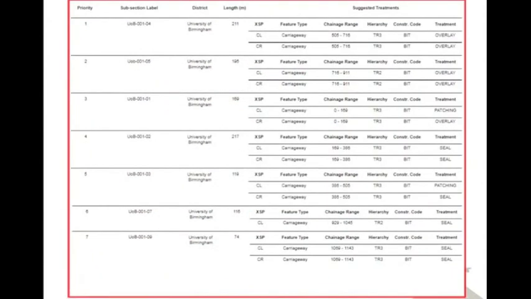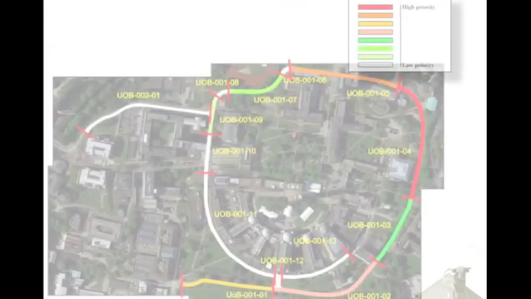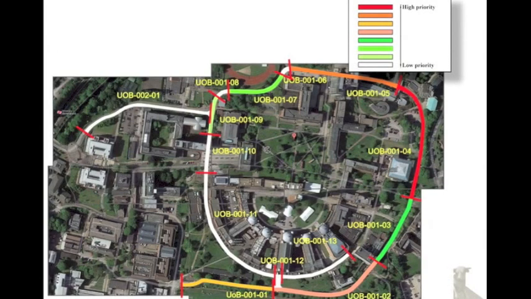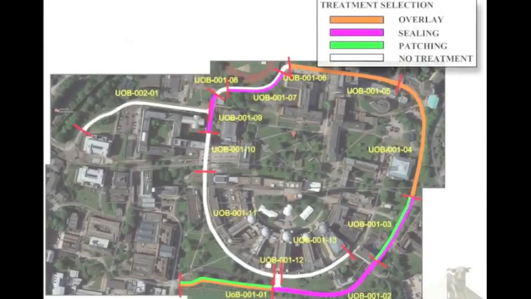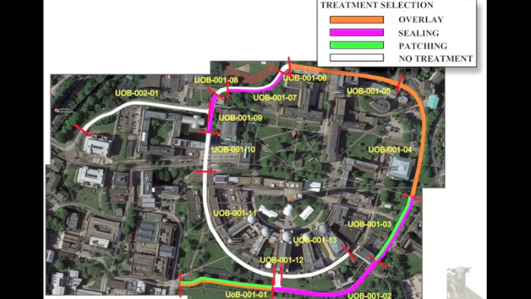The software prioritizes the treatment of the sections by the level of defectiveness and according to the specified trigger levels. In this case, the software suggested that the subsections which require immediate treatment are subsections number 4, 5, and 1, while subsections such as 8, 10, 11, 12, or 13 do not require any kind of intervention.